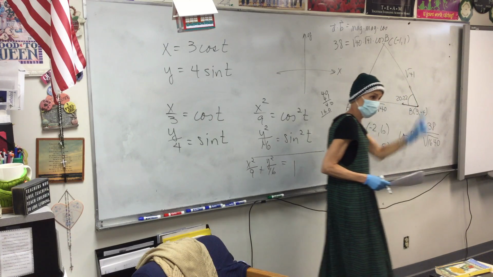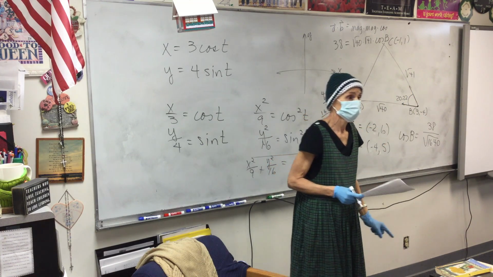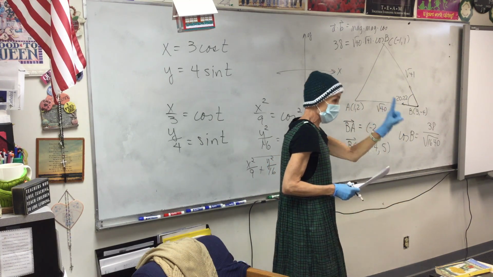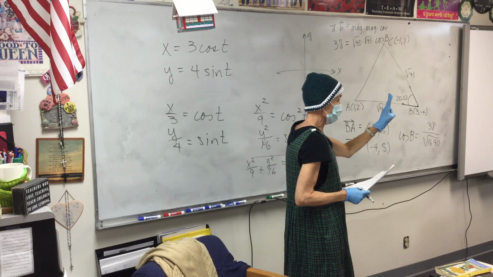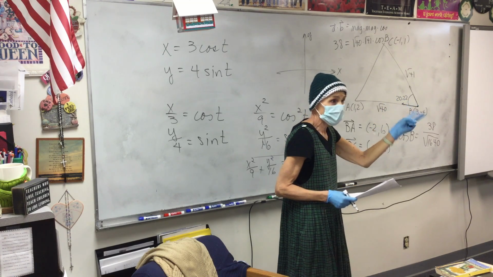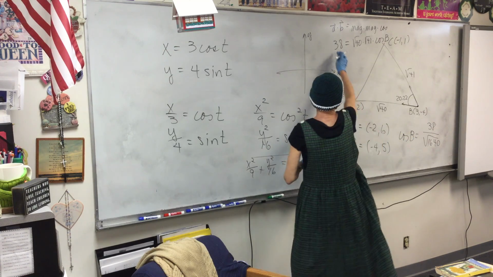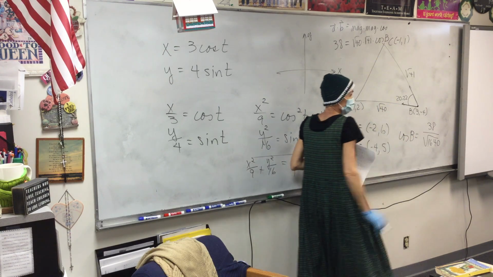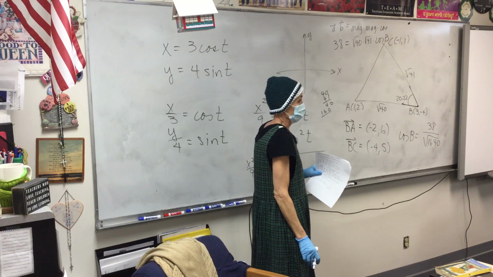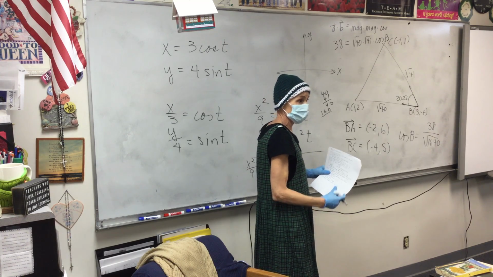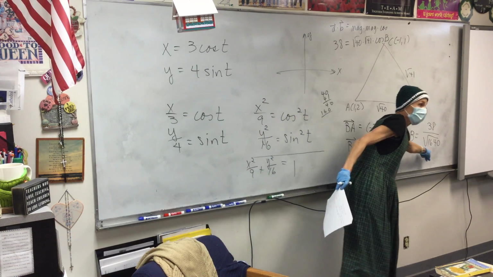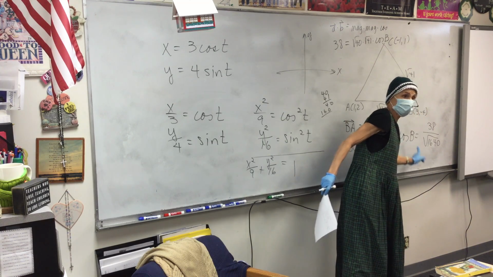Then what? Once you get the vectors made, find the magnitudes. You need the magnitudes of the vectors and you need their dot product. The order you do that doesn't matter. You need this number and you need these numbers. And then you simply divide and take the second cosine.